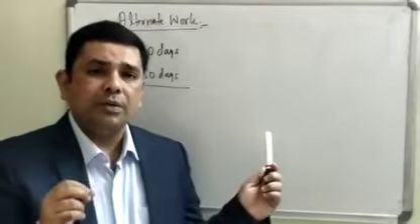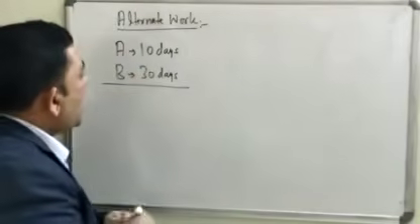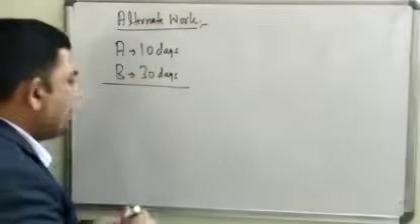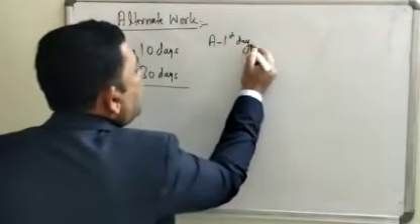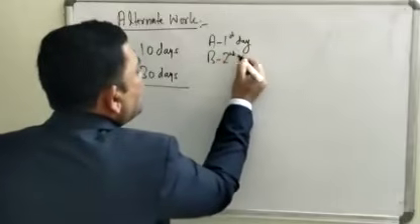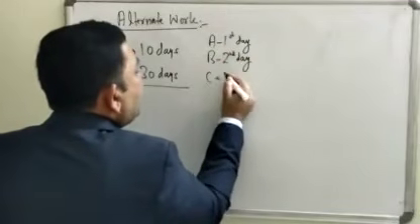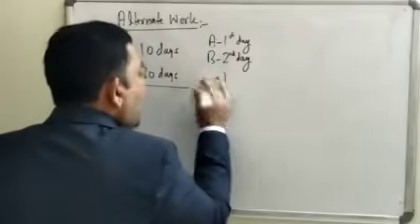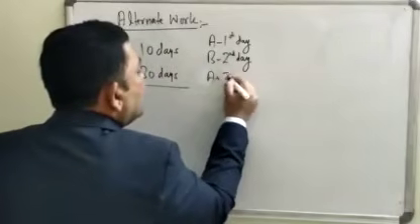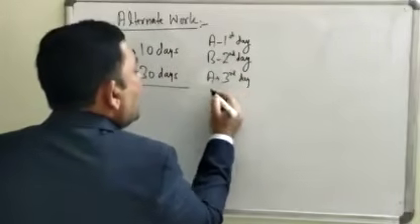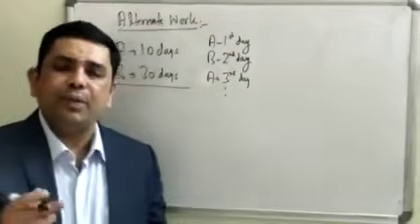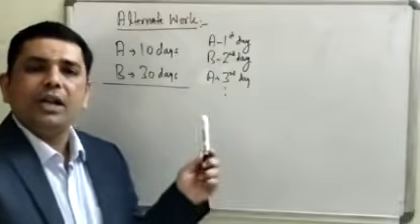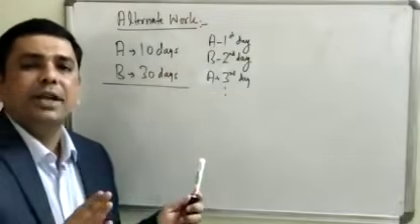But now the condition is A works on the first day, B will work on the second day, A will work on the third day, and so on. So can you see a pattern that is being followed? And we call it the concept of alternate work.